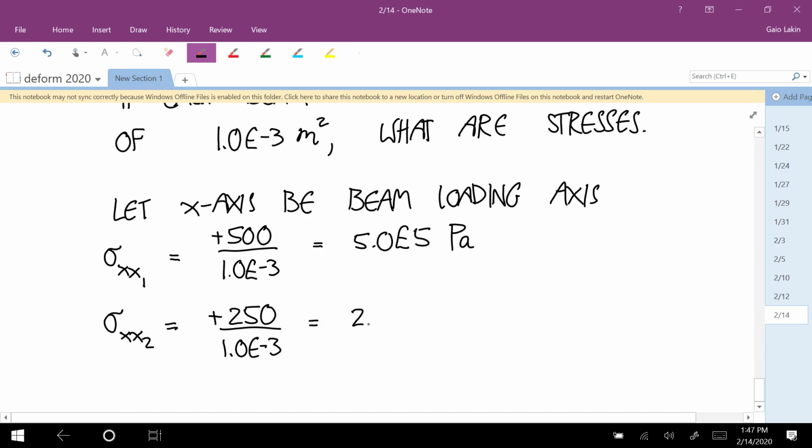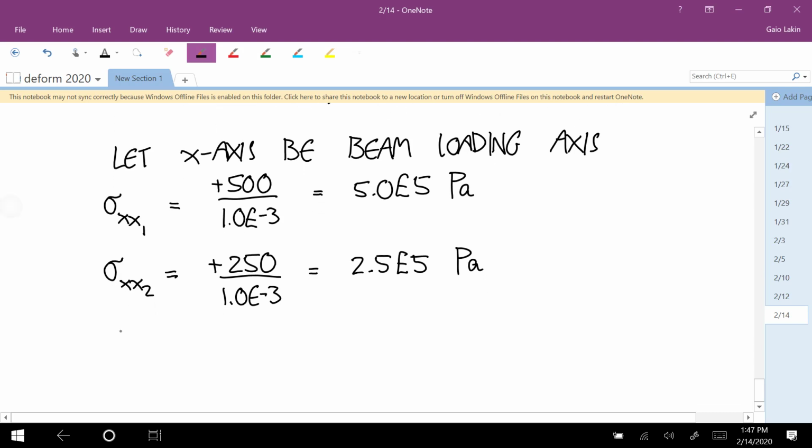And so we get 2.5 times 10 to the 5th pascals. And then for member 3, we have negative 500 divided by 1.0 times 10 to the minus third. And so you get an x-axis stress of negative 5.0 times 10 to the 5th.